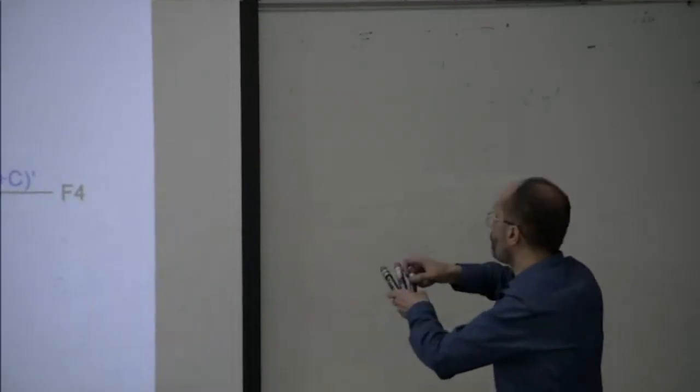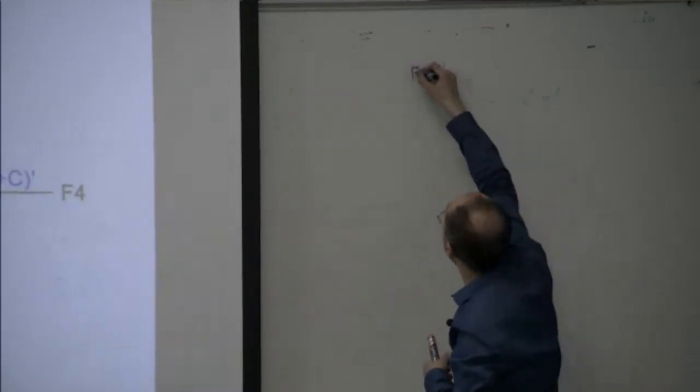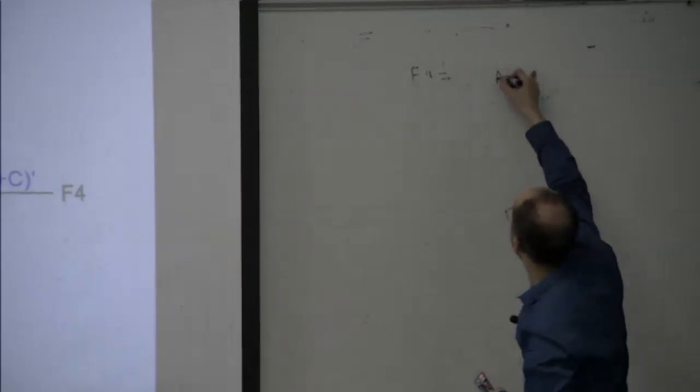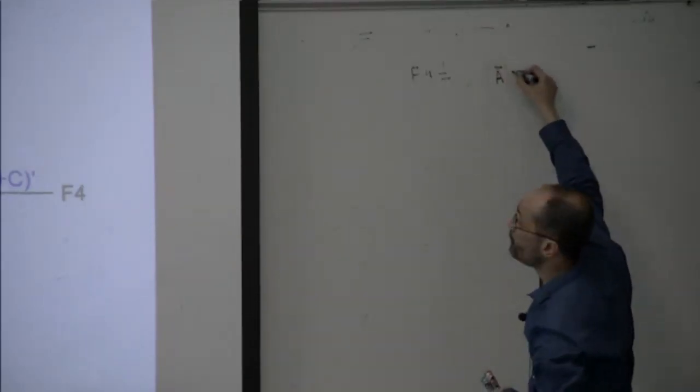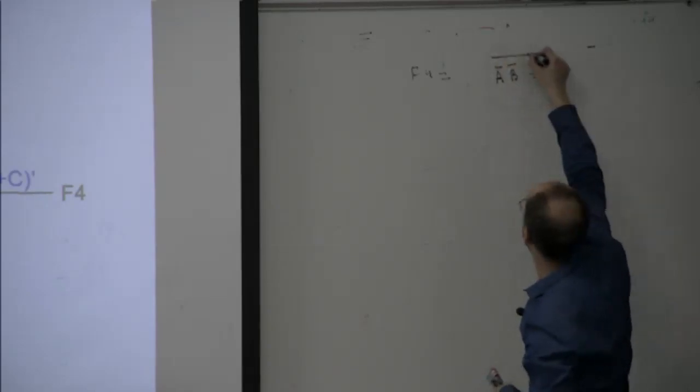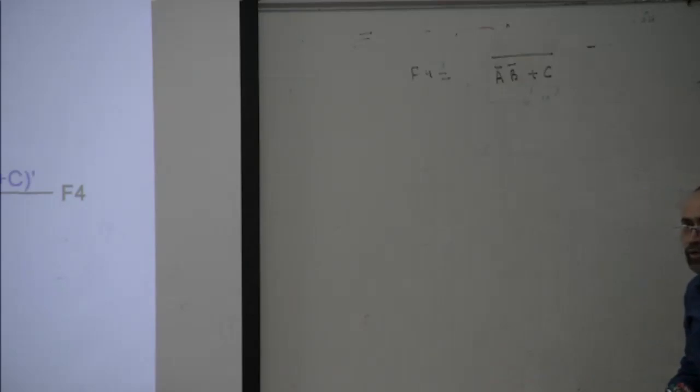Okay, now how do we calculate F4? So now we have an F4 here. What is the expression of F4? A bar, B bar plus C whole bar. Got it? So now this is the whole expression for F4.